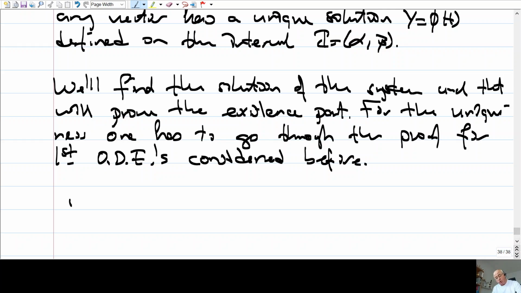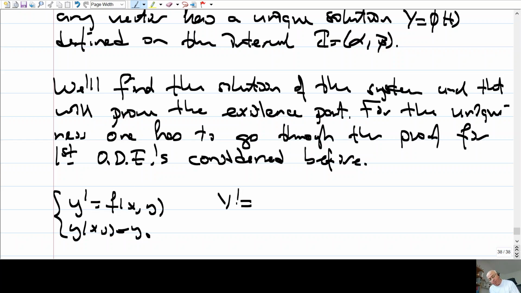Orada sadece yani şöyle bir şey yapmıştık orada. y prime f of x,y değil mi? İşte y(x0) equals y0. Bunun existence uniqueness'ını yapmıştık. Burada daha kolay olacak. İşte y prime eşittir Ay plus b. Burada da y(t0) equals y0. Yani şu fonksiyon daha kolay ama bu sefer bunlar matrisler. Bunlar hani real valued fonksiyonlardı. Bunlar matris valued fonksiyonlar. Ama ispat aynı ispat.